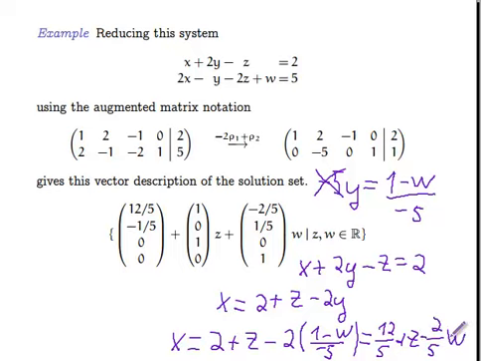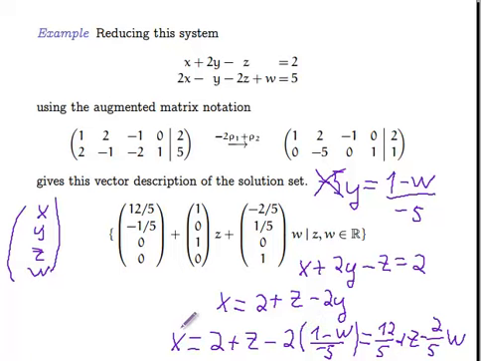If I want to write that as a vector, I'm going to have my x, y, z, w, and each corresponding entry of each vector is going to express one equation.